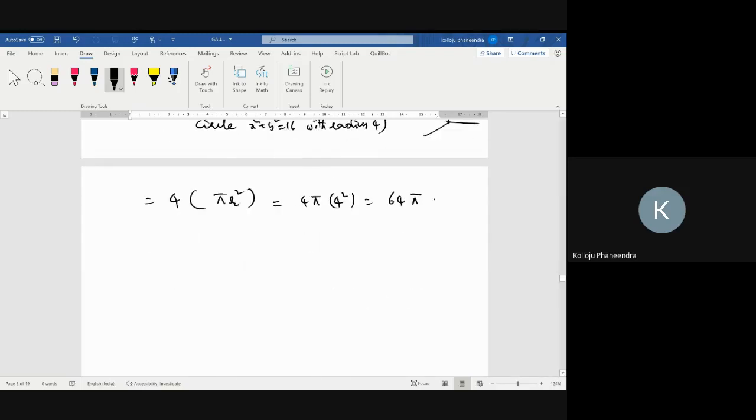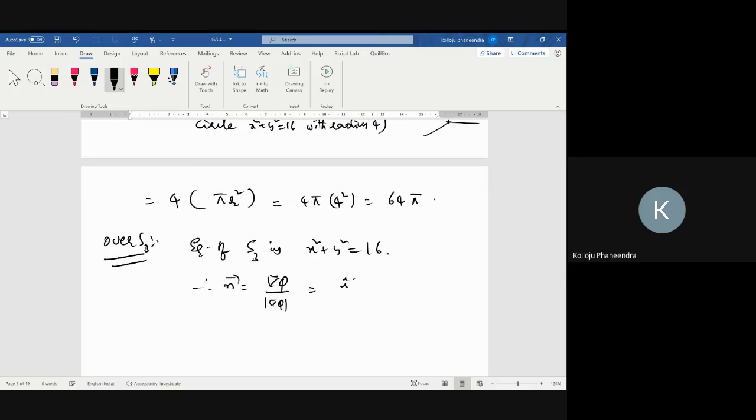Now lastly, over S3. The equation of S3 is x square plus y square equal to 16. This is phi. Therefore, what is n bar? Del phi by mod del phi. What is del phi?